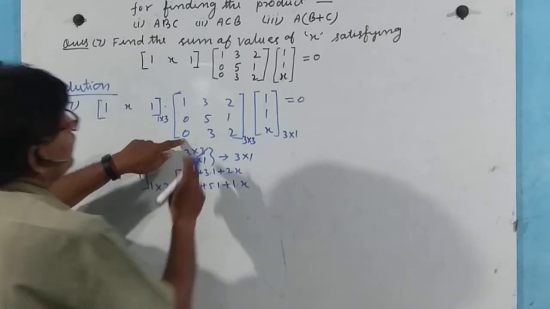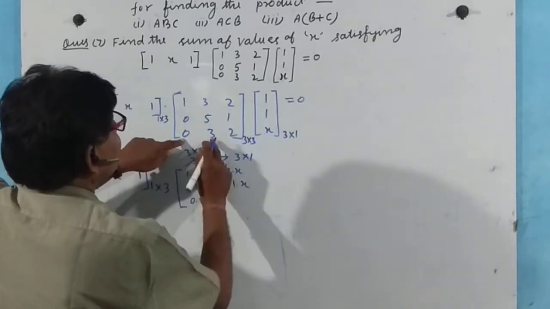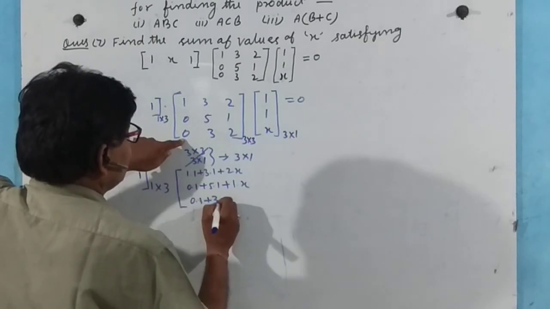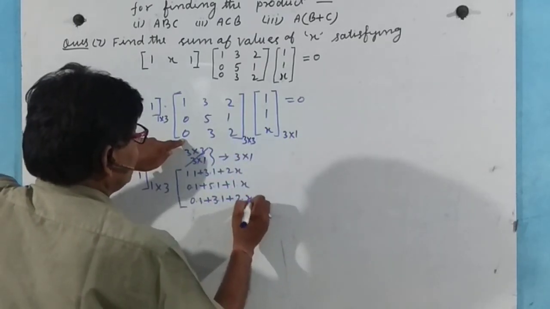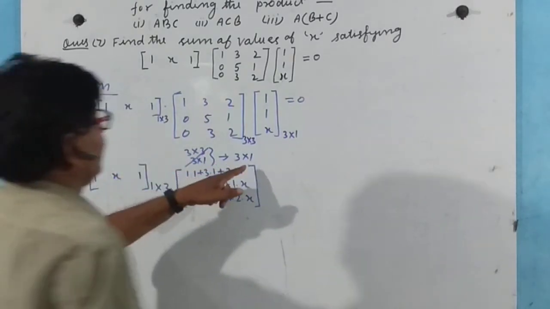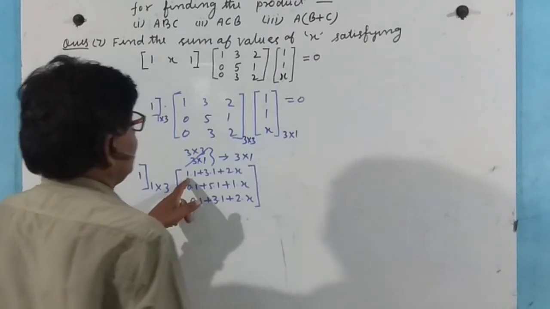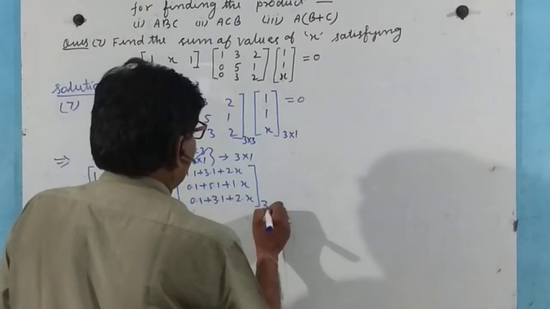Next 0 into 1, 3 into 1, 2 into x. Now this matrix is 3 cross 1: first row, second row, third row, and 1 column.